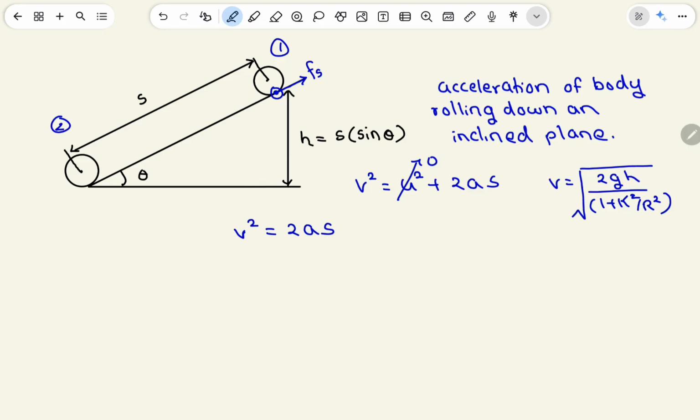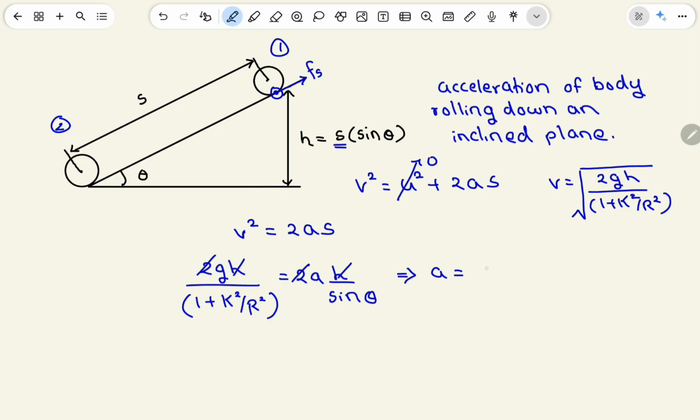When we substitute this velocity in the equation, we get 2gh upon 1 plus k square by r square is equal to 2as. Now in place of s, we can write h upon sine theta. So 2 and 2 get cancelled, h and h get cancelled, and finally we have the formula for acceleration, which is g sine theta upon 1 plus k square by r square.